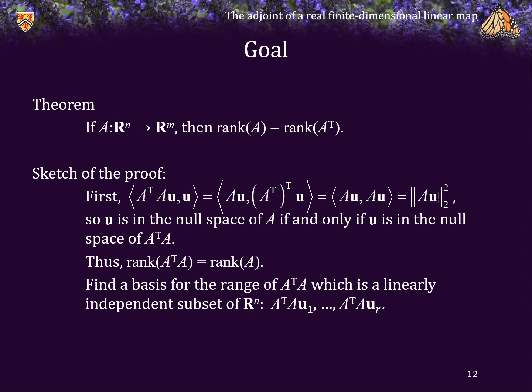So now we have A transpose A u1 through A transpose A ur forming a basis which is linearly independent. Well, each of these vectors is an image of vectors under A transpose.